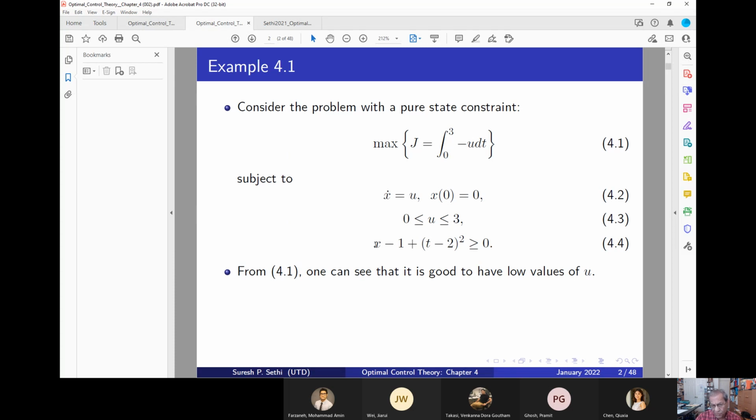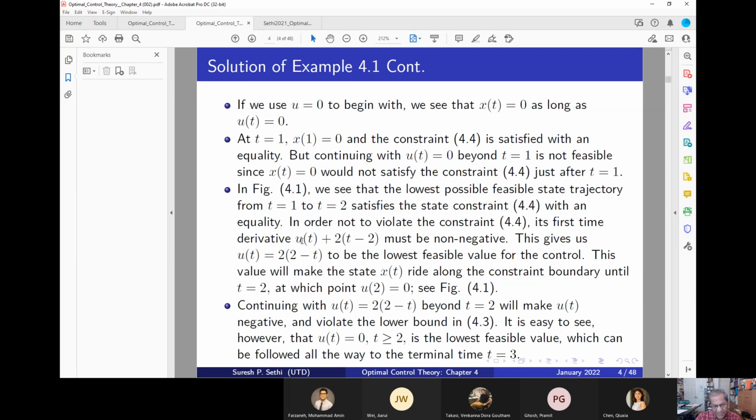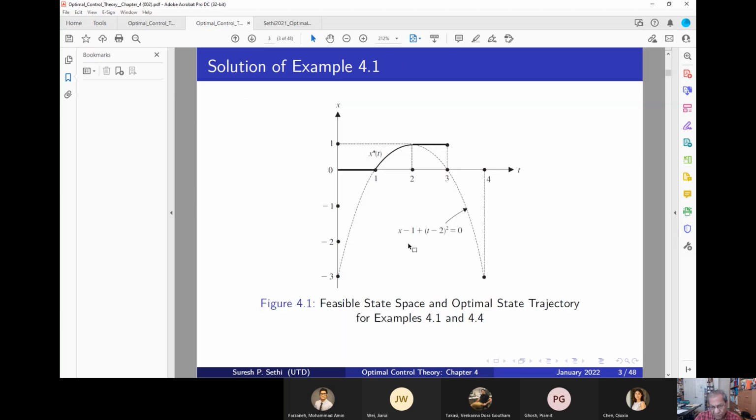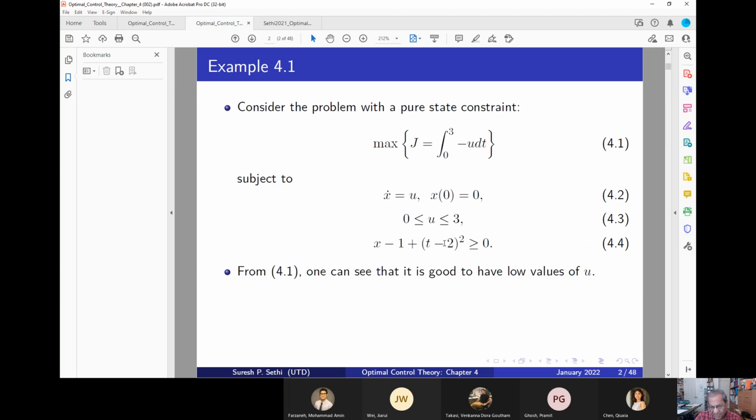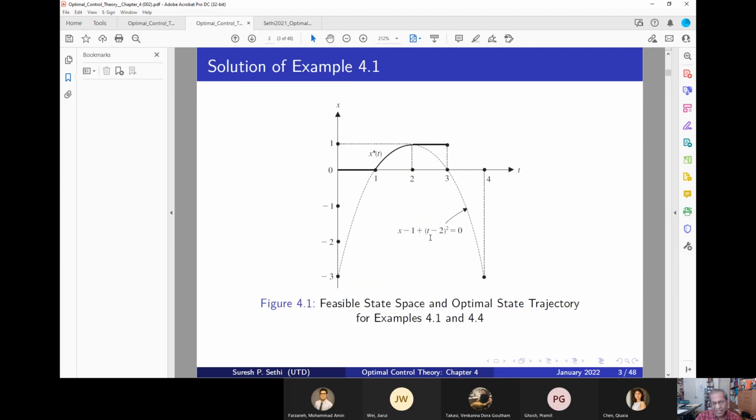So the x dot will become u, then there's a control coming from t. So the derivative of that will be exactly this, and that must be non-negative. But if I use exactly this control, then this quantity will be 0. The derivative of this quantity will be 0.